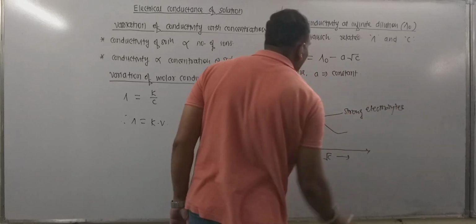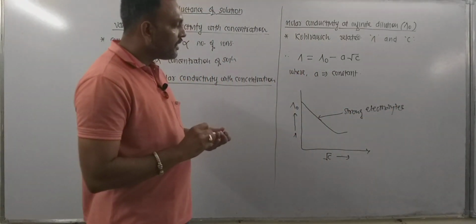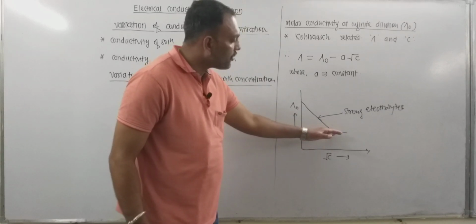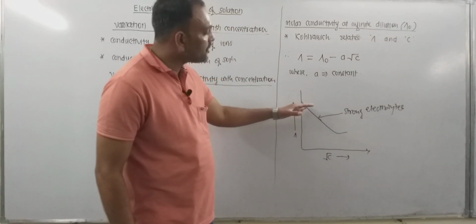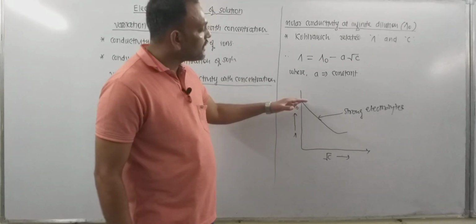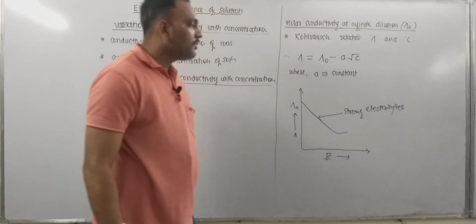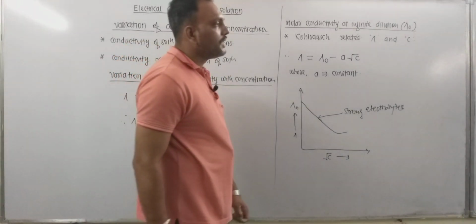So what happens in the case of strong electrolytes? As we dilute the solution, first of all, due to dilution molar conductivity increases, and after reaching the maximum no change can be observed, and that is called the molar conductivity at infinite dilution.